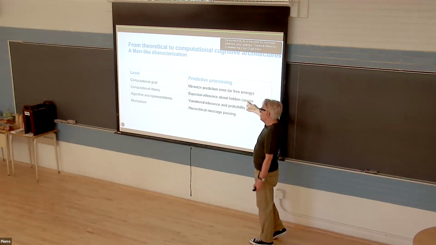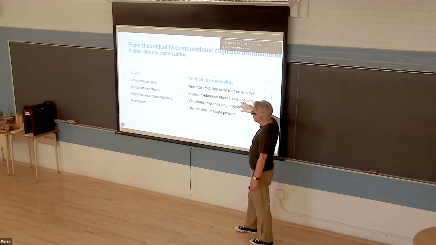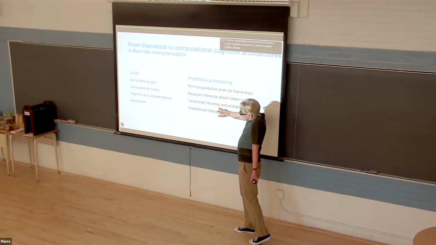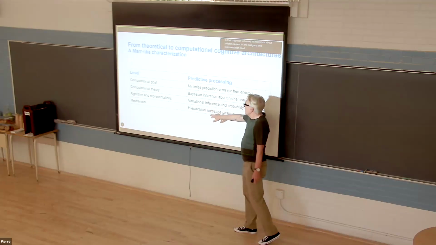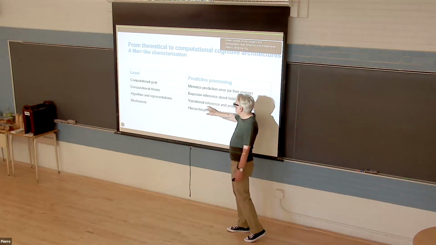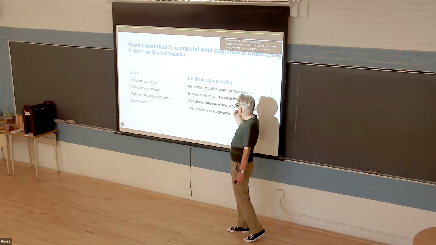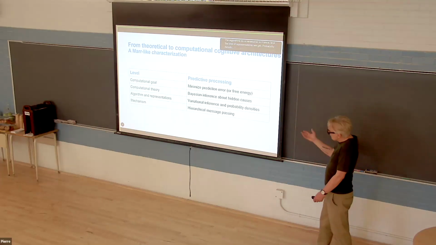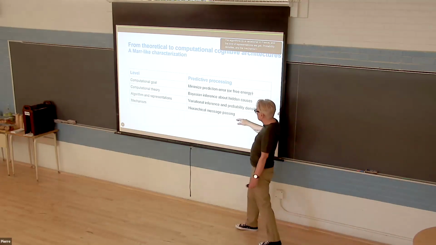At the computational level, the theory is that cognition is Bayesian inference about hidden causes. At the algorithmic and representation level, which is one of Marr's levels, what the algorithm does is variational inference, the kind of representations we get is probability densities, and the mechanism is hierarchical message passing.